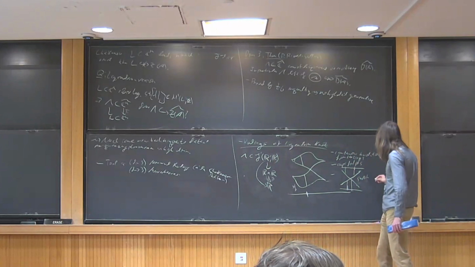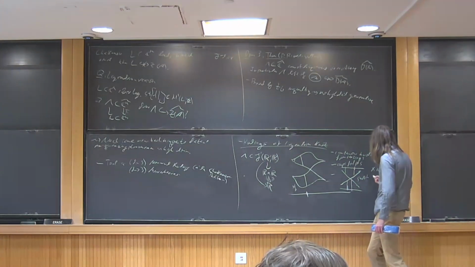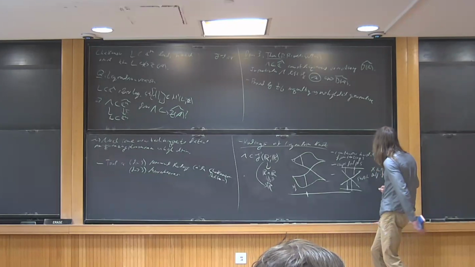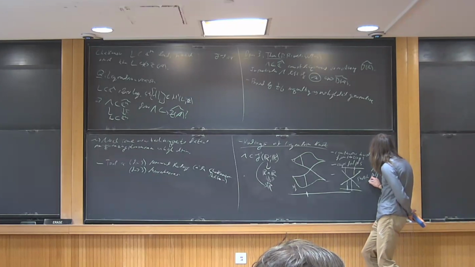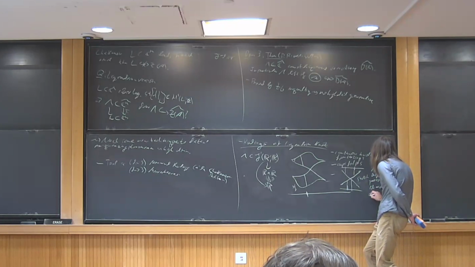I allow a crossing to switch only if the pairings on either side are Z mod 2 unlinked.